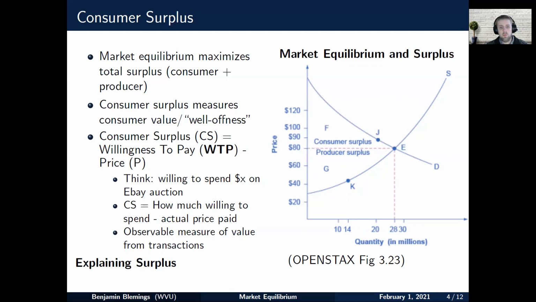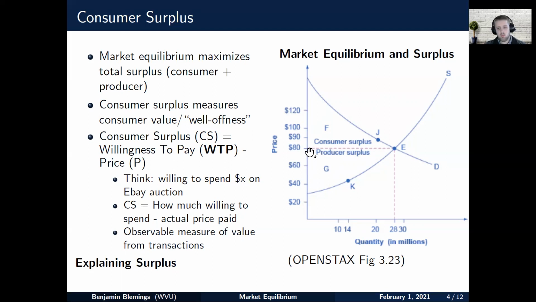This is just an observable measure of value from transactions. We want to know how well off consumers are, and we use this. And like I said, for producers, you want to know that the price you will fetch for an item that you produce is more than the cost it takes you to produce it. Otherwise, you're getting less than it cost you to produce something, and that makes no sense.